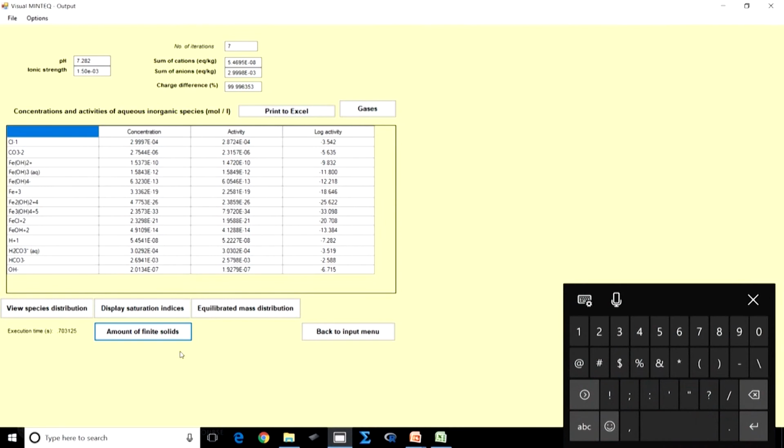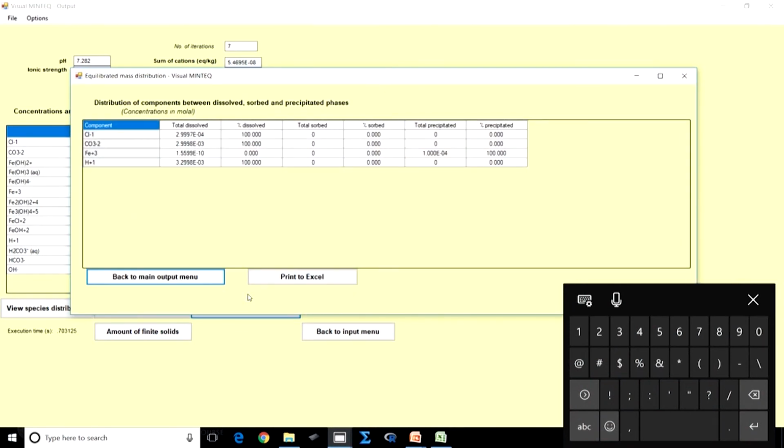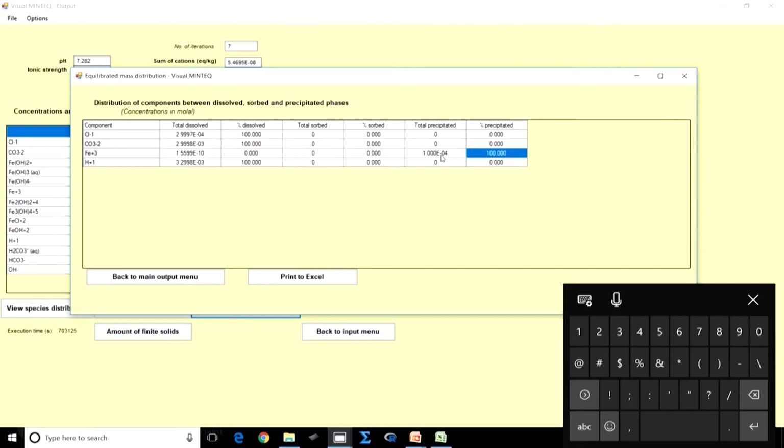So let us look at the equilibrium mass distribution. So Fe3 plus, if I look at that, it means almost 100%, or almost all, I guess, it can never be truly 100%, right. Because it's equilibrium, you will always have some free metal or some complexes present in the solution. So almost all the Fe3 plus has precipitated out, that is what you see here, and little to none is present in the dissolved form, right, and that is what you would obviously expect here.